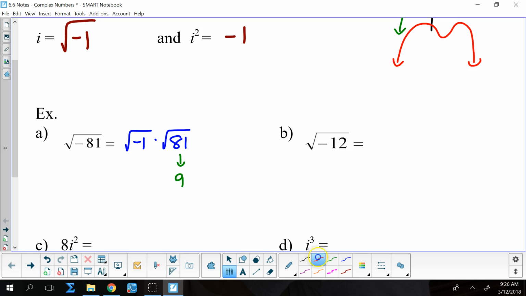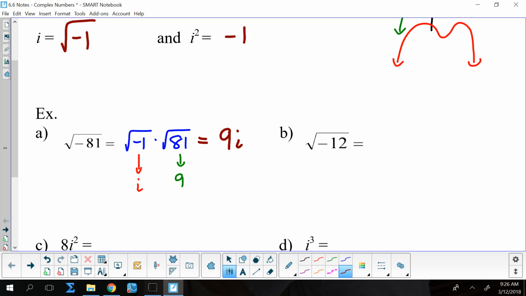The square root of 81 is 9, and the square root of negative 1 is i. So this is really 9i. Not plus or minus here, because we're just finding what's called the principal root. We're not solving. If we were solving, then it would be plus or minus.